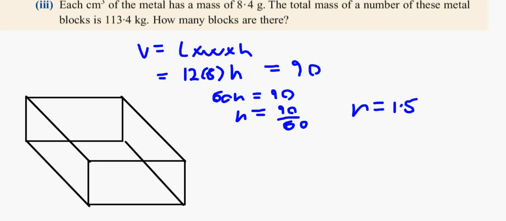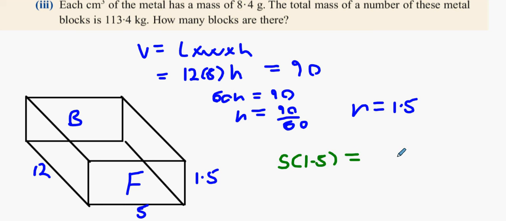Let's do the left and the right hand side. 12 times 1.5, which is 18, so 2 18s. Is it 5 or 6 sides? 6, right? Now we're going to do top and bottom.